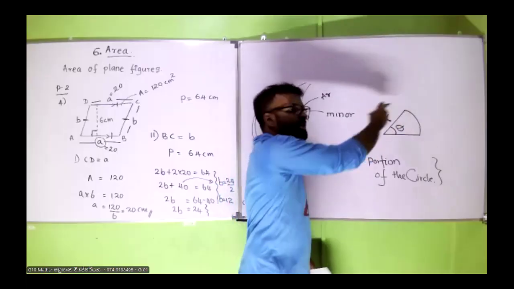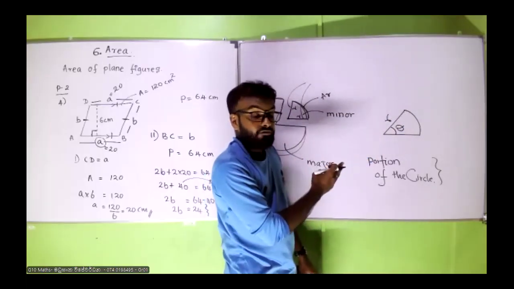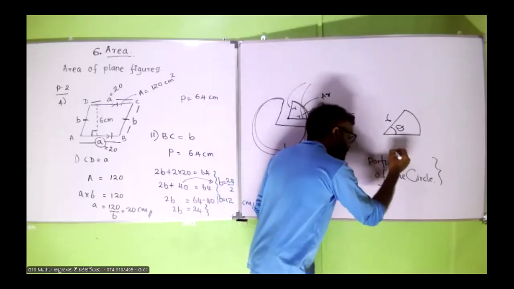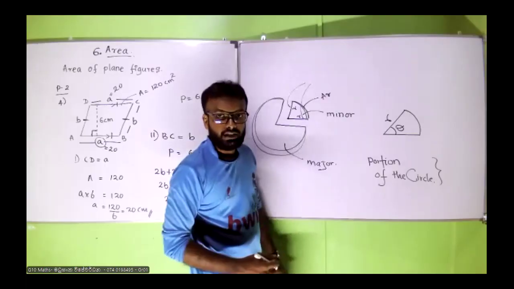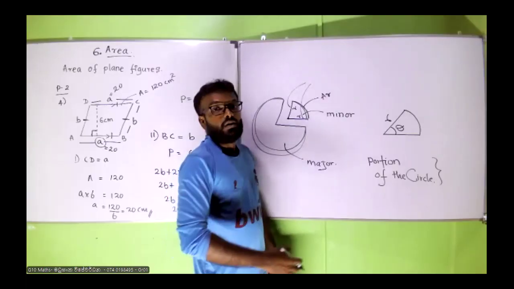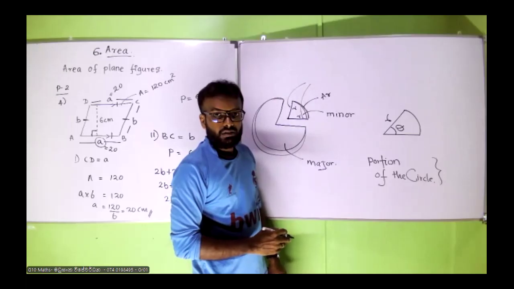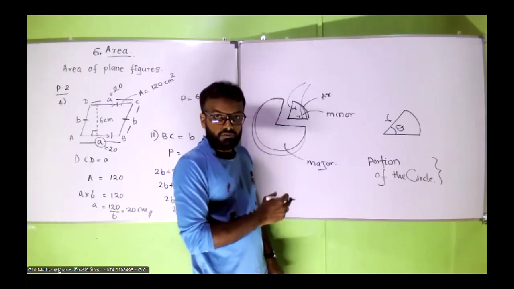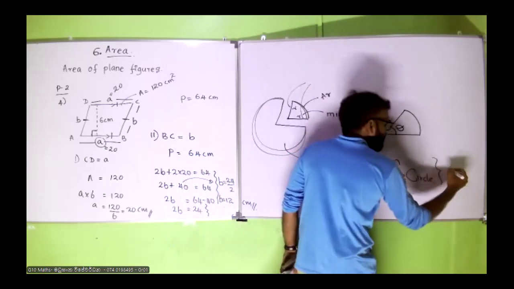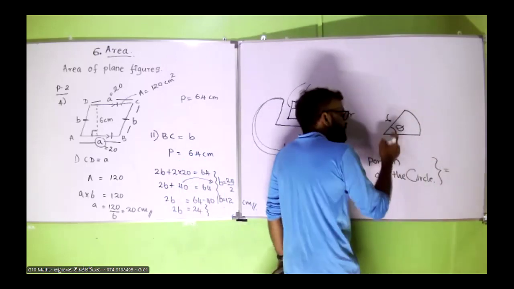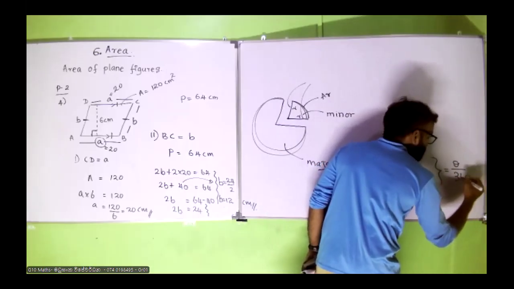Of that particular sector, we can give the portion of the full circle, or the part of the circle. We can represent this portion as theta divided by 360.